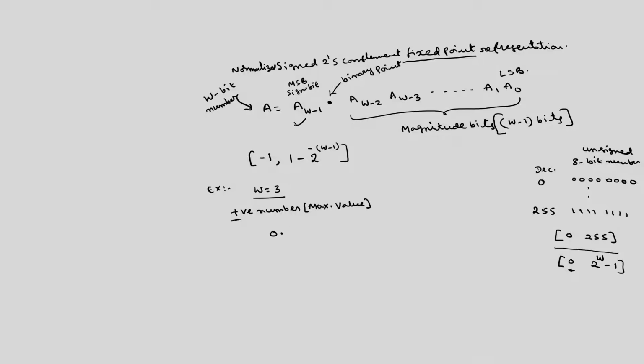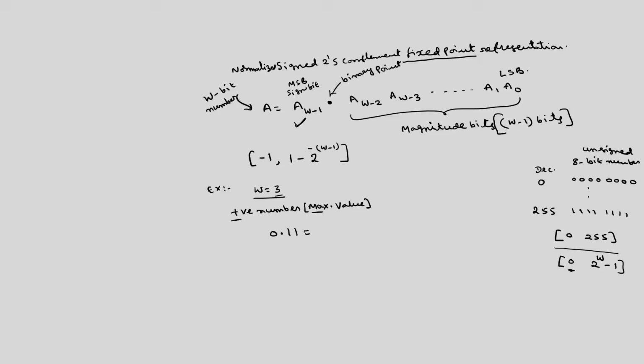In this representation the MSB bit is 0 point. We will be having W minus 1 bits, meaning 2 bits. For the maximum value these 2 bits will be 1 1, because in positive numbers we are not going to take the 2's complement. So, this is the maximum possible 3 bit number in signed 2's complement representation.